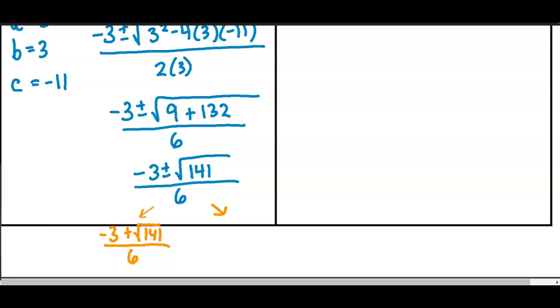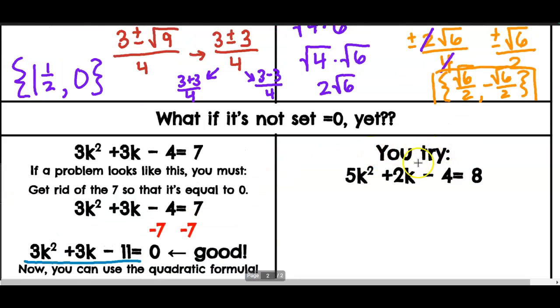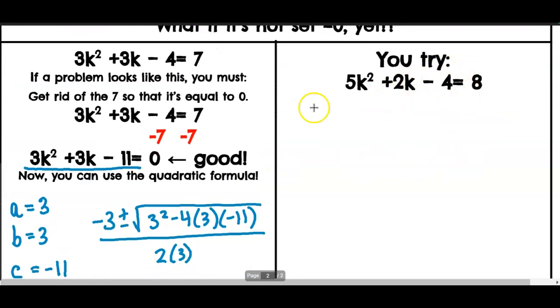And then we can do negative 3 minus square root of 141 all over 6. Now, if you want to, you can change those into decimal form, but I'm perfectly fine with you leaving them in this root form. All right, so go ahead and try this last one. I'm going to pause the video while you work it out, and then I will show it at the very end.